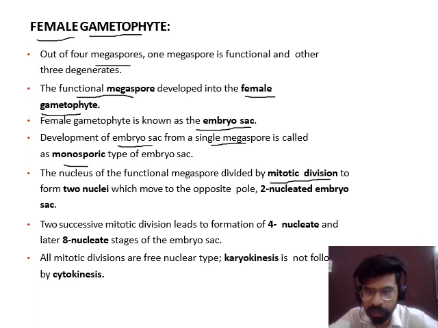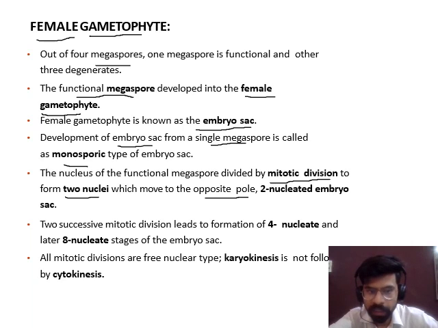Mitotic division is known as equational division because the number of chromosomes remains the same after division. After mitotic division, it leads to the formation of two nuclei. These nuclei move towards opposite poles, and this structure is known as the two-nucleate embryo sac. Two-nucleate means having two nuclei.